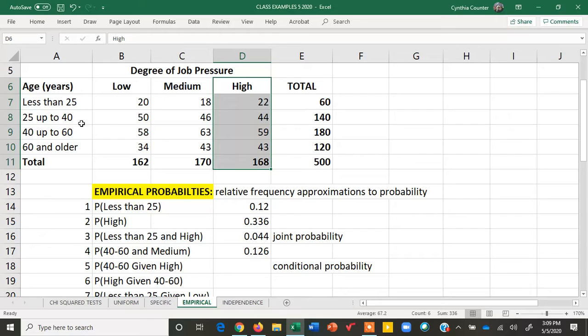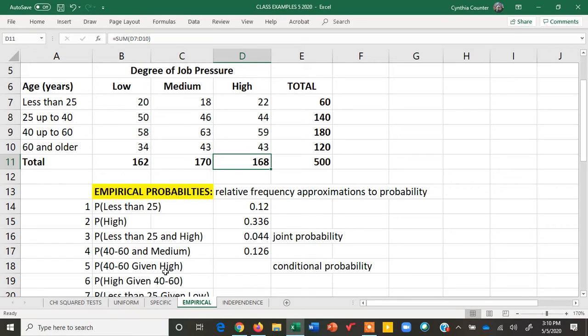the age group 40 to 60 is 59. So 59 of these 168 individuals were 40 to 60. So 59 were 40 to 60 out of the 168 individuals that reported high job pressure.